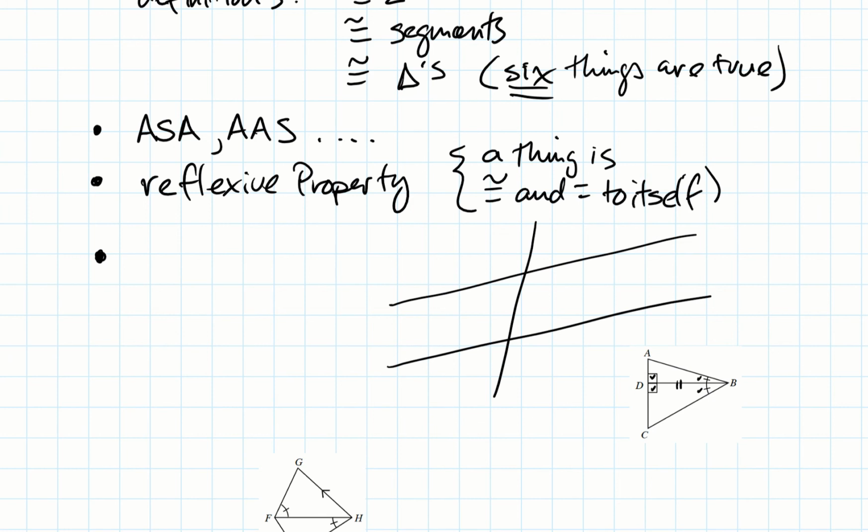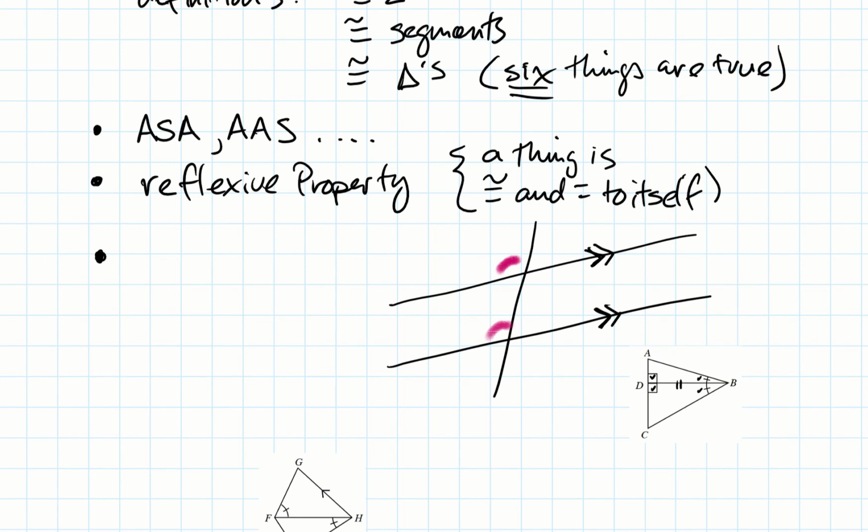Whenever 2 parallel lines, and I'll mark on here, this is parallel to this one, so these are indicating they're parallel. When 2 parallel lines are cut by a transversal, there's a lot of things that are true. You've experienced this in 7th and 8th grade. Some of the things that are true is this angle right here and this angle. Those angles are called corresponding angles because they're in the same location, right?